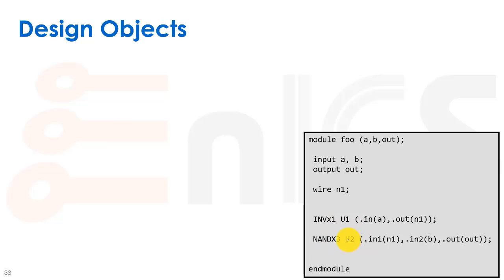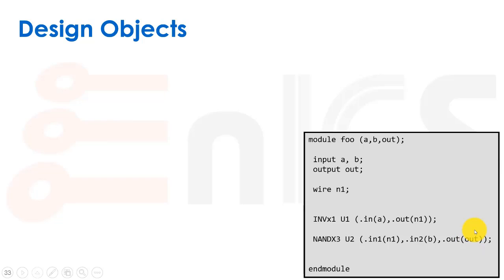We called the inverter U1, we called the NAND U2, and we have our referencing by name. So the input of the inverter gets the input A, the output of the inverter gets this wire N1, the input of the NAND gets N1, the other input gets B, and the output gets out, and that's the whole module.